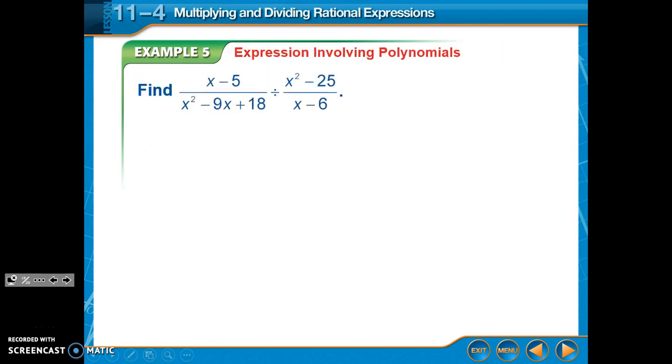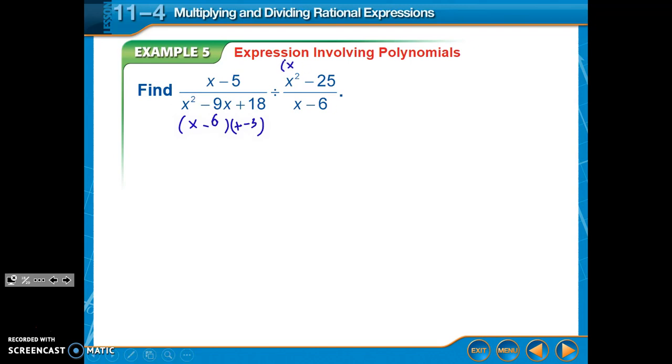Okay, so I want to simplify this one. Again, the same thing. I want to factor as much as I can. So here, this is x, and I want numbers that multiply to 18 and add to negative 9. So I'm going to do minus 6 and minus 3, so x minus 6 and x minus 3. They multiply to 18 and add to negative 9.